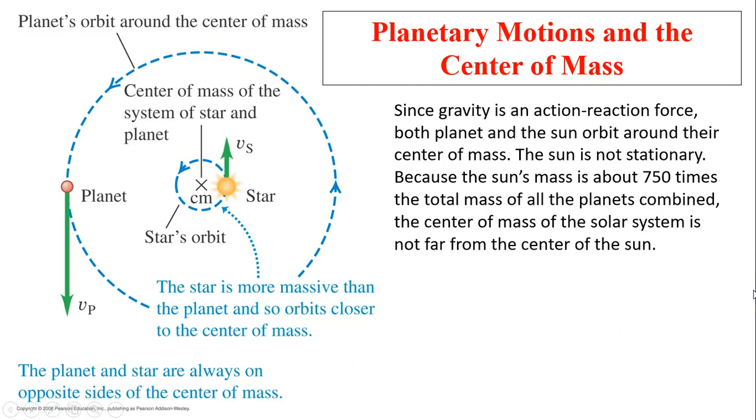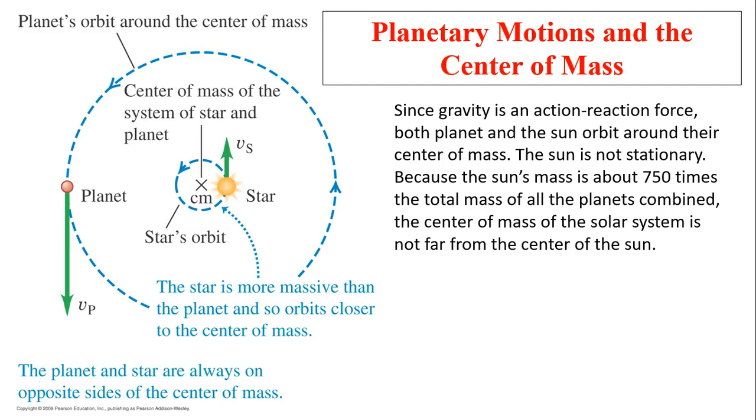Planets orbit around the center of mass. Since gravity is an action-reaction force, both the planet and the Sun orbit around their center of mass. So the Sun is not stationary. The Sun actually is moving. It seems like the planet is revolving around the Sun, but that's not true. Both the Sun and the planet are moving around the center of mass of the two.